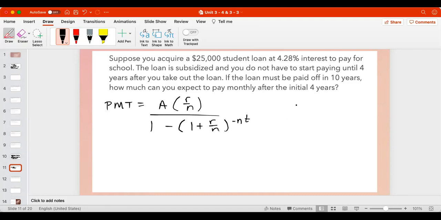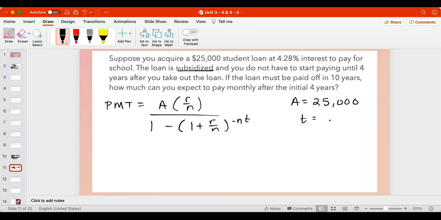And I like to write out all my variables here. Since it's subsidized, that means we do not have to pay any interest for the 4 years that we're in school. So A here is going to be the amount that we borrow, which is $25,000.